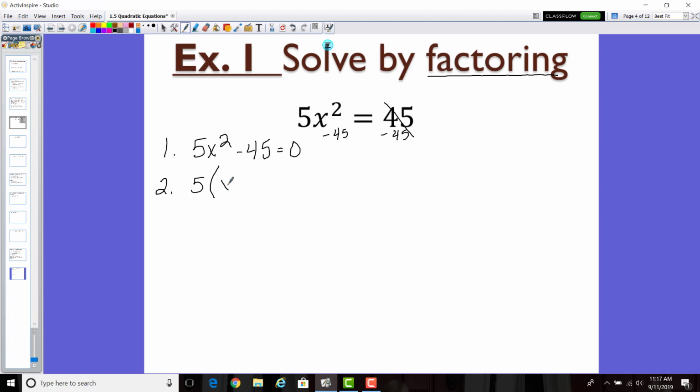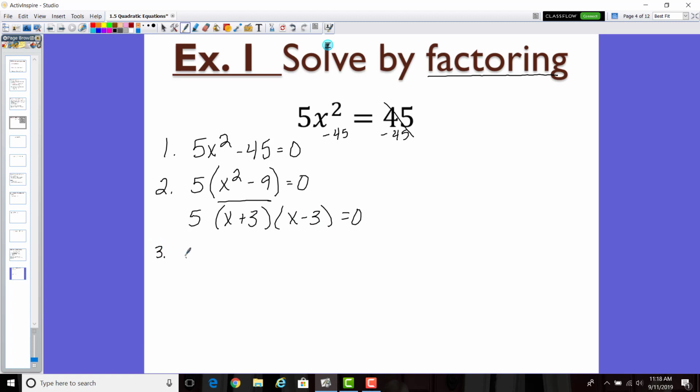When I take out a 5 from both terms, I'm left with x squared minus 9 equals 0. Remember, I said when you factor, you want to factor down to linear factors. This one is still quadratic, and that's because this polynomial is a difference of 2 squares. So I can factor that again into x plus 3 and x minus 3.